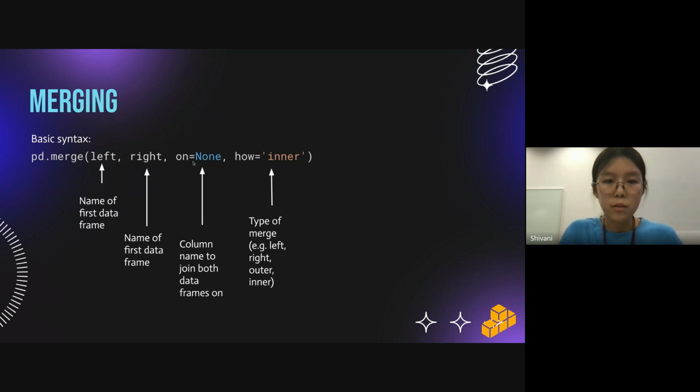So on will be, for example, if there's a common column name between left and right, you can switch None to that column name, and you'll merge your values on that column. And we have different types of merge. For example, in a left merge, everything from the left will be included, but only the common columns in the right will be included, and similarly for right.